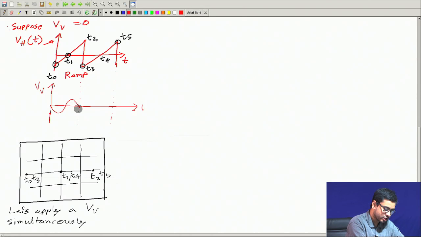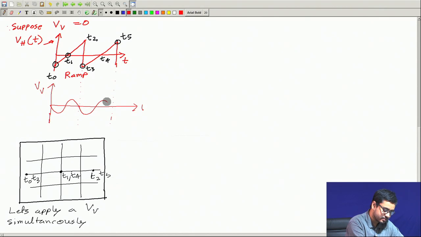It completes one cycle in exactly the same time as is taken by the horizontal voltage to complete one cycle from negative to positive. This is one cycle, this is also one cycle.